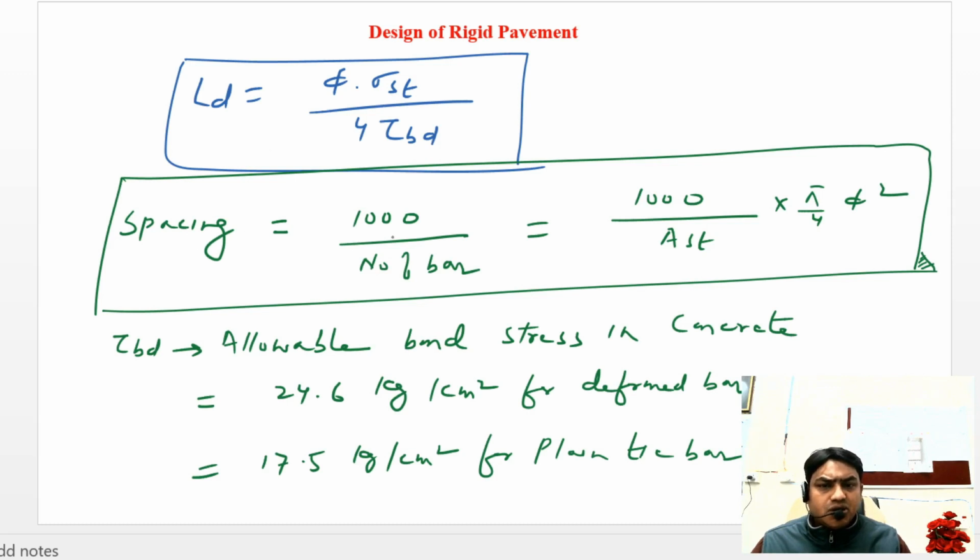Spacing can also be computed by 1000 divided by number of bars, or we can say 1000 by AST into pi by 4 phi square. The allowable bond shear stress in concrete is taken as 24.6 kg per centimeter square for deformed bar, and 17.5 kg per centimeter square for plain tie bars.